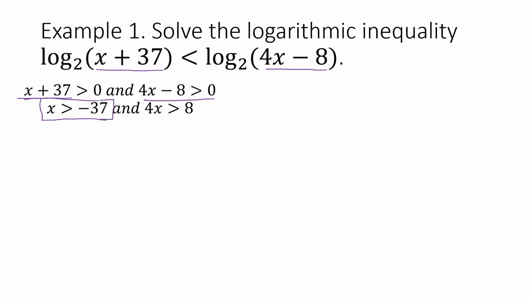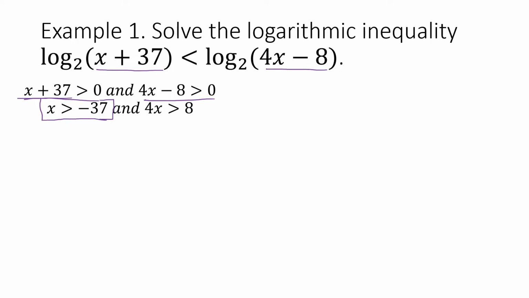For the next inequality, what we did was we added positive 8 to both sides. So negative 8 plus 8 is 0. We'll get 4x. And then on its right side, 0 plus 8 is 8. So you have 4x is greater than 8. However, this is not yet the value of x because the numerical coefficient of x is not yet 1.